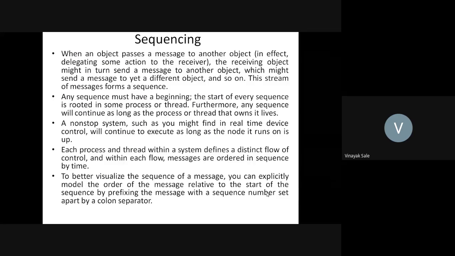Then sequencing. When an object passes a message to another, in effect delegating some action to the receiver, the receiving object might in turn send a message to another object, which might send a message to yet a different object, and so on. This stream of messages forms a sequence. Any sequence must have a beginning. The start of every sequence is rooted in some process or thread.